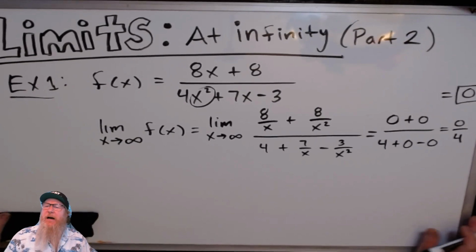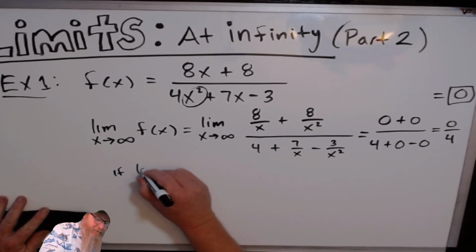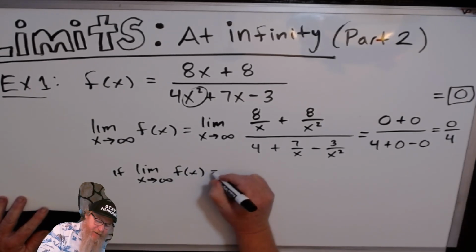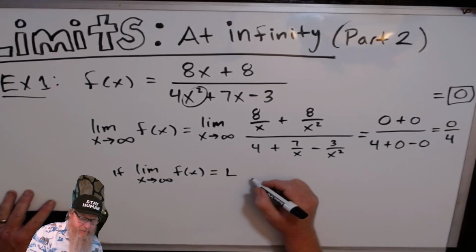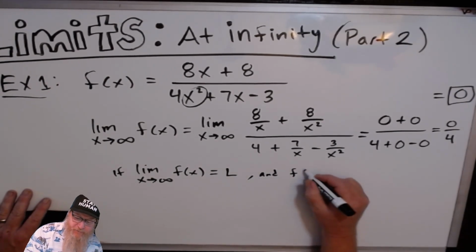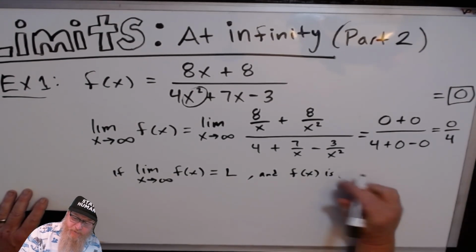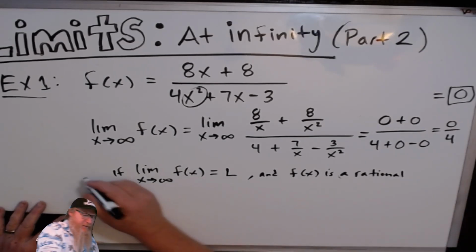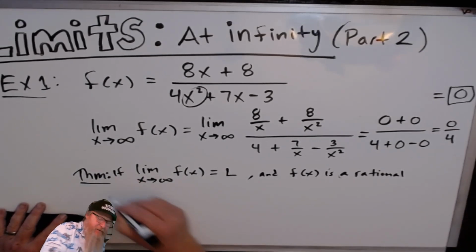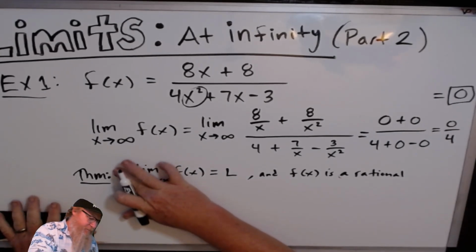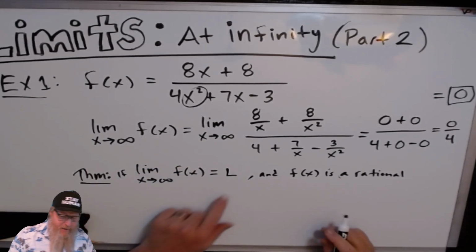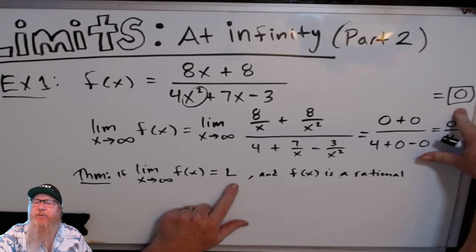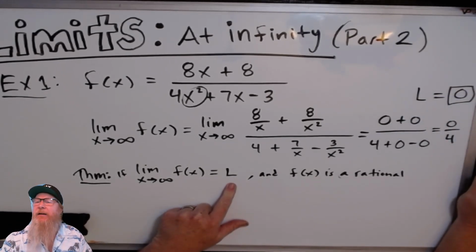That means that when I do the other limit, so if the limit as x goes to infinity of f of x is equal to L, and f of x is a rational function, I don't have a lot of theorems today, but I mean, this is technically a theorem. It's a little baby theorem. All right. Now, it does have to equal a limit, like, the original definition that I gave. So L has to be a number. So this is your L. All right.